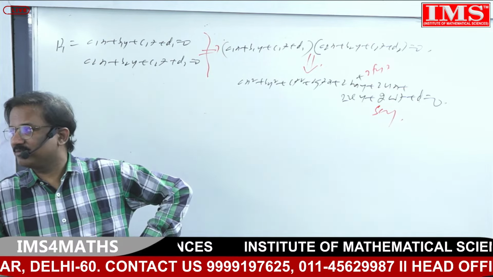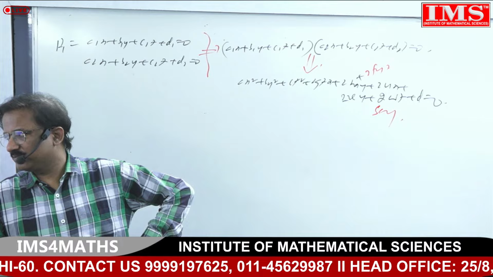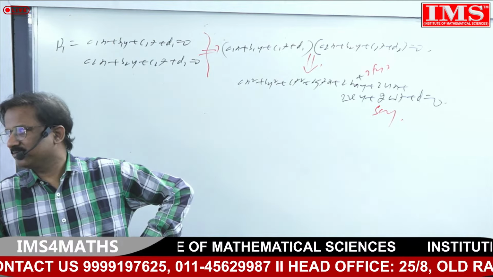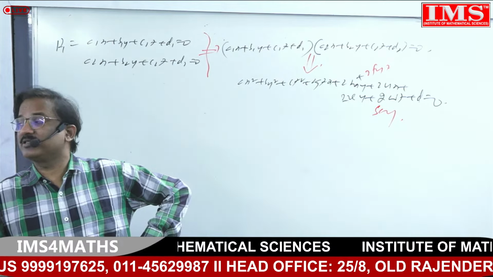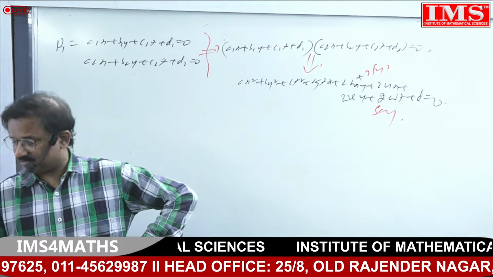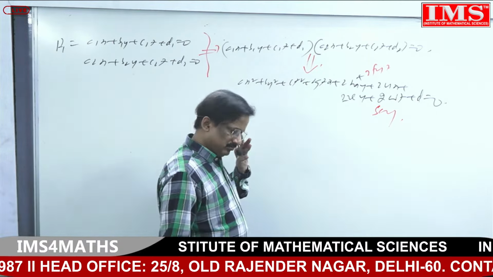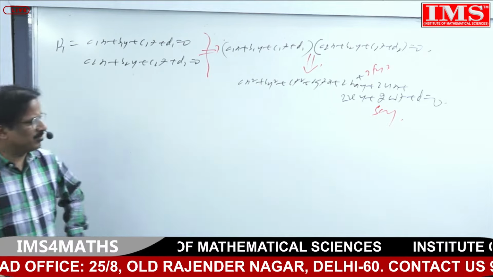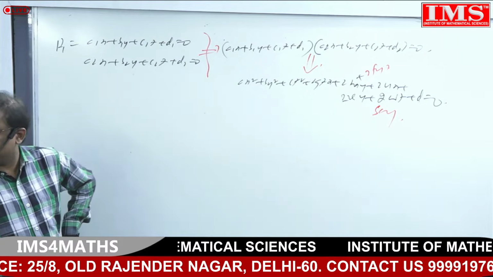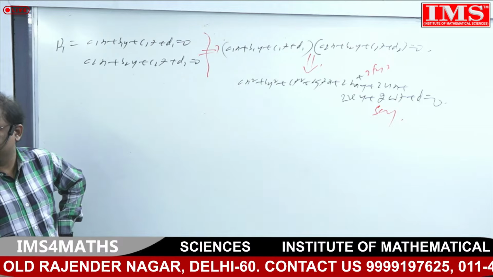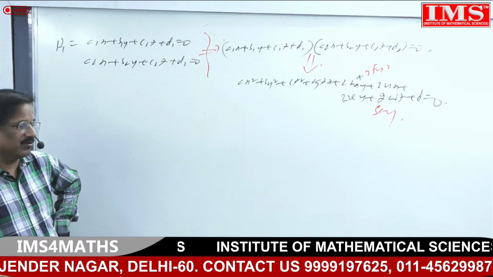Whatever conditions you are putting, such as h square equal to ab, f square equal to bc, and g square equal to ac, those are also there, but those conditions are not applicable in this place. This condition you will find in a pair of planes only, but not at this place.